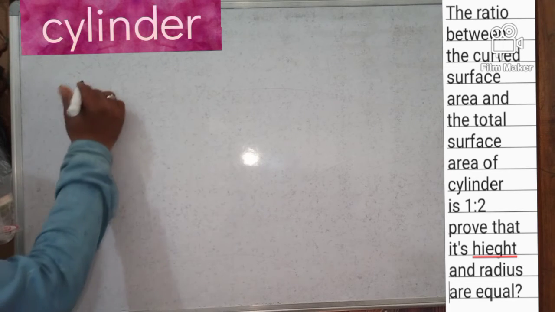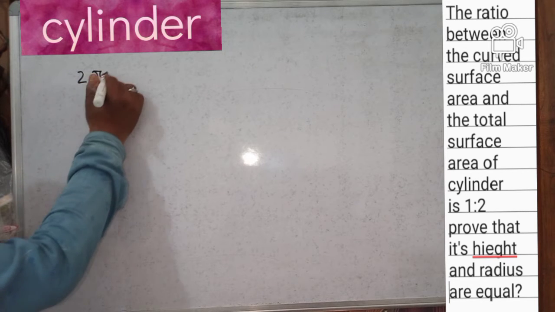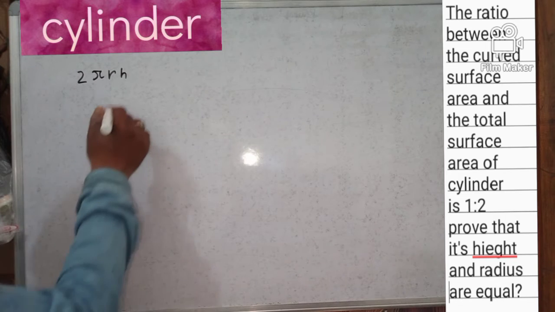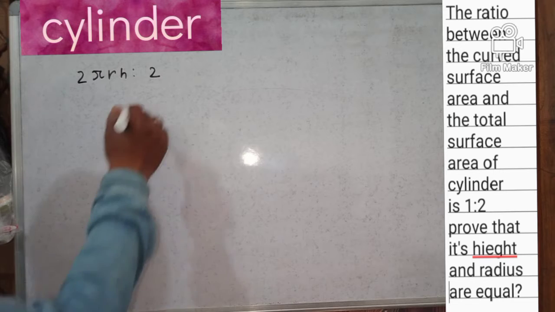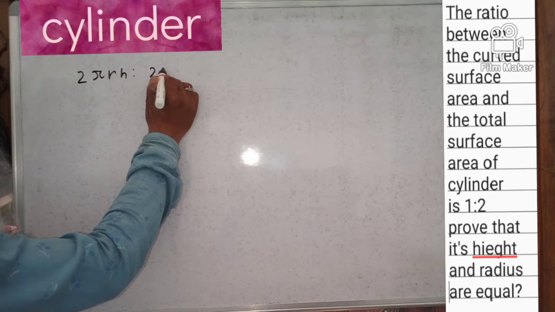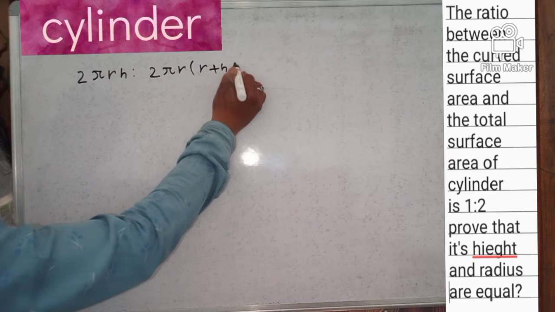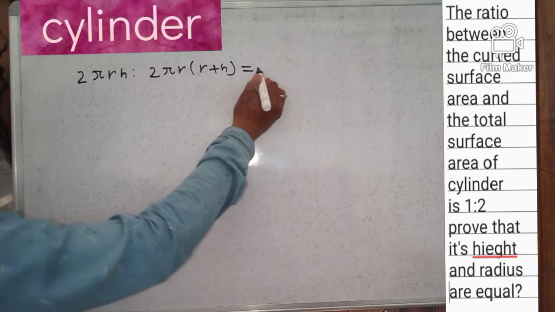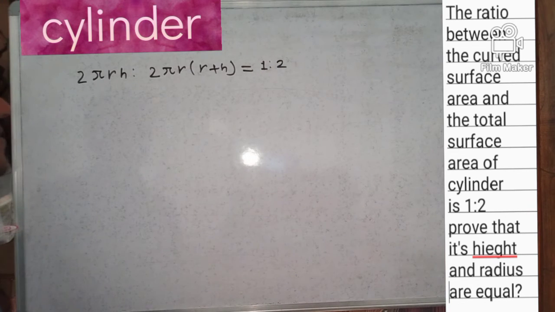So now see here, the ratio between curved surface area and total surface area. So we now write, friends, the curved surface area formula is 2 pi r h, and the total surface area formula is 2 pi r into r plus h, and the ratio is 1:2, right? So our target is to show that radius and height are equal.